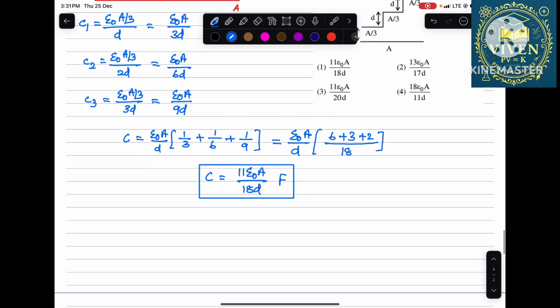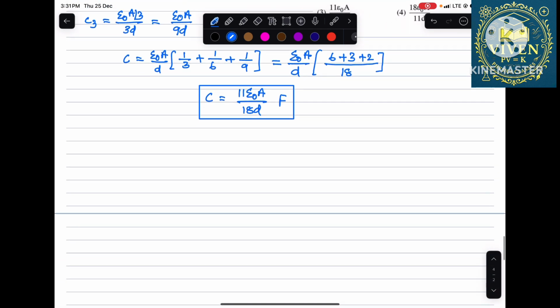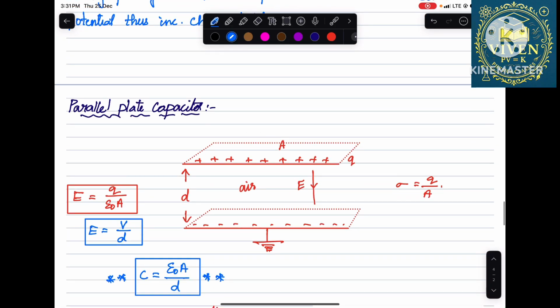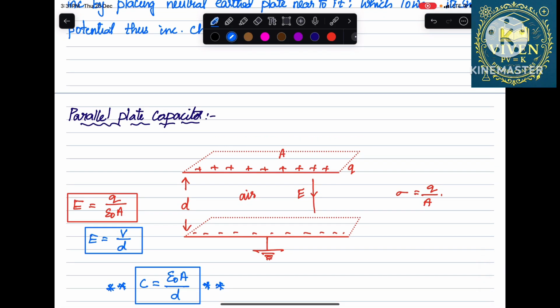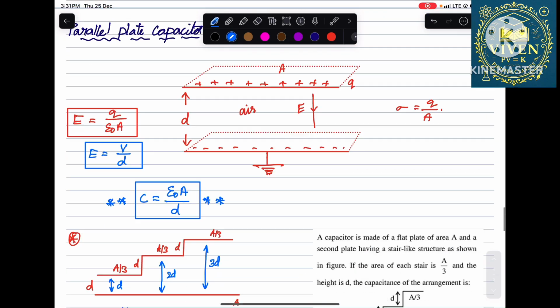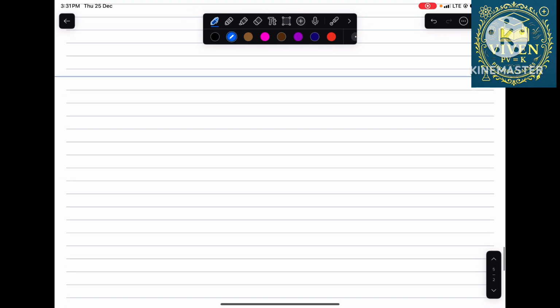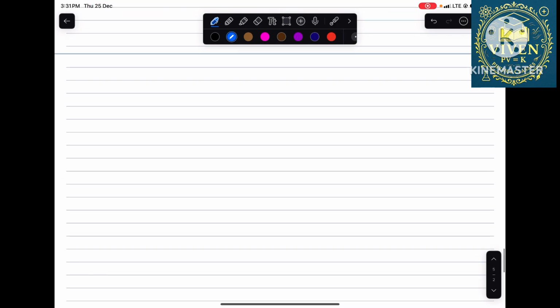And this is done. Now, what if I introduce a dielectric between these two parallel plates? The medium present here is air, right? So now I would like to show you a parallel plate capacitor with a dielectric.